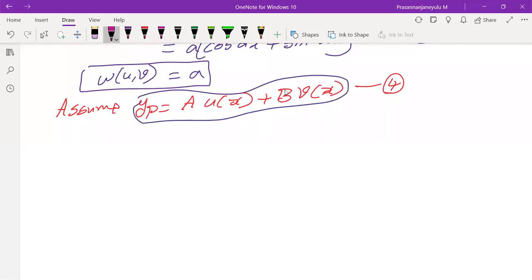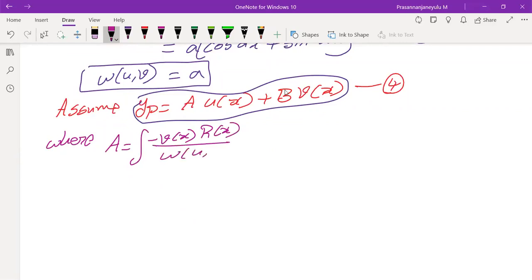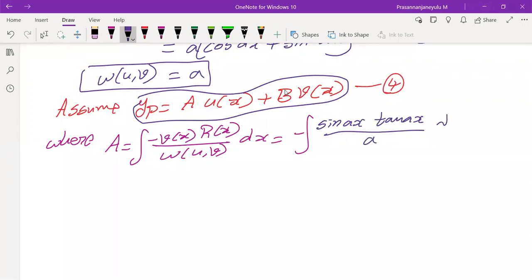So A equals, what is the formula of A? Integration of minus v of x into r of x by W of u comma v into dx. So minus 1 I can bring outside, v is nothing but sin ax. What is r? r is nothing but tan ax, by the Wronskian value a, into dx.